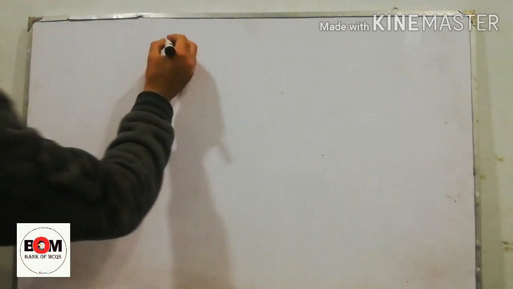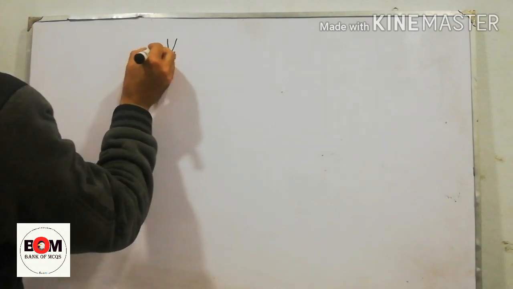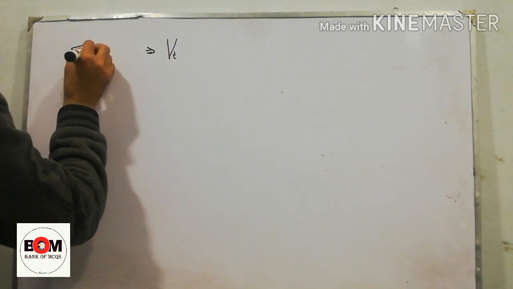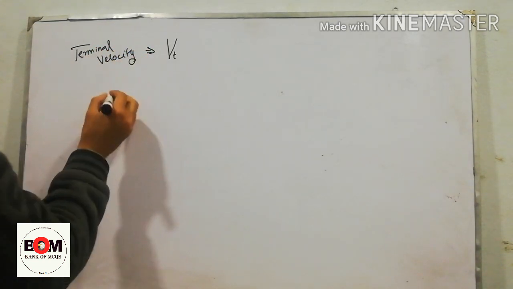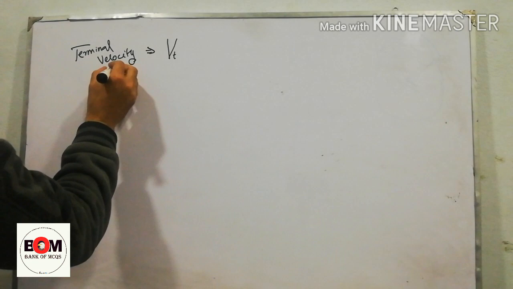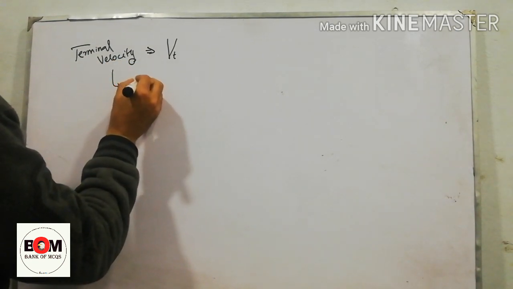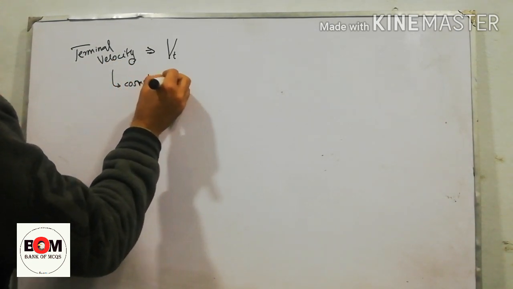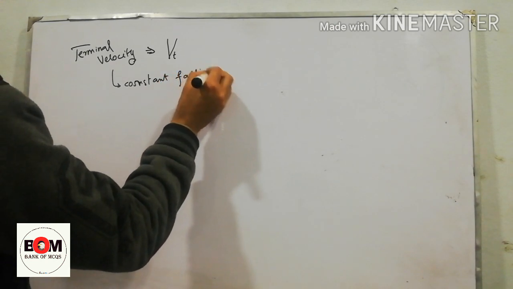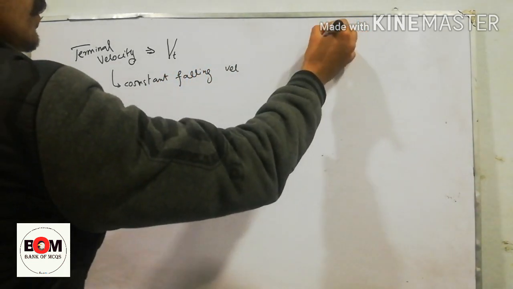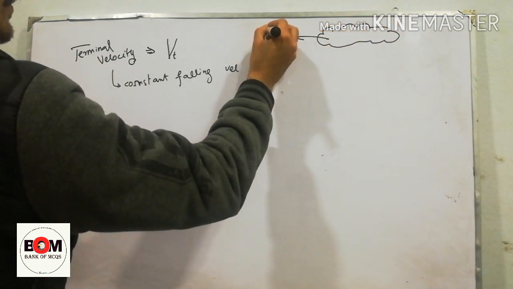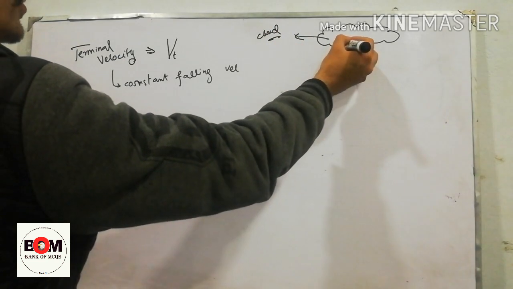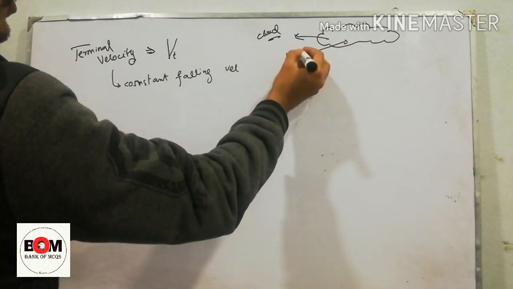Now we will start terminal velocity, Vt, that is terminal velocity. Terminal velocity is a constant falling velocity. Suppose this is a cloud, and a water drop starts falling with initially 0 velocity.